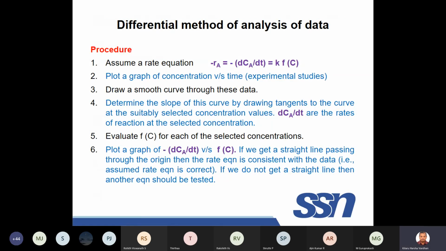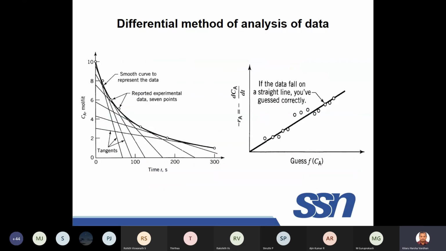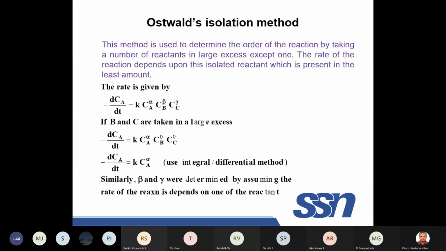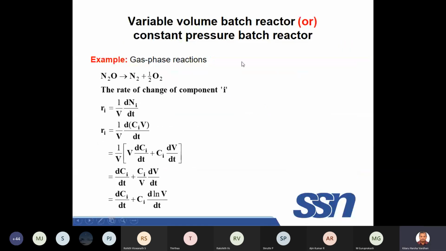Till now we discussed constant volume. We have to go for the other one, that is variable volume, right? So if there is a variable volume, what will happen?